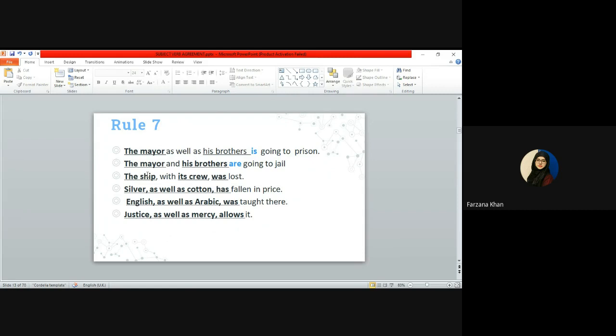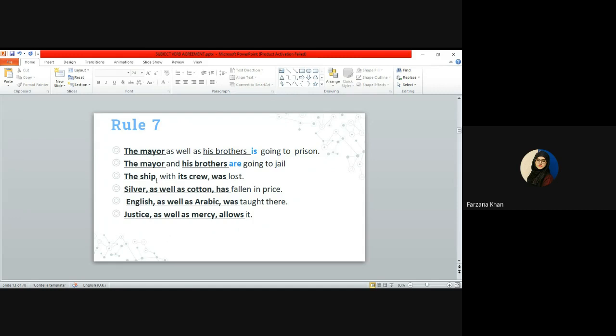In another sentence, you can see the ship with its crew was lost. So here was, which is a verb, has been used according to the first subject, the first noun, which is the ship. In another sentence, you can see silver as well as cotton has fallen in price.